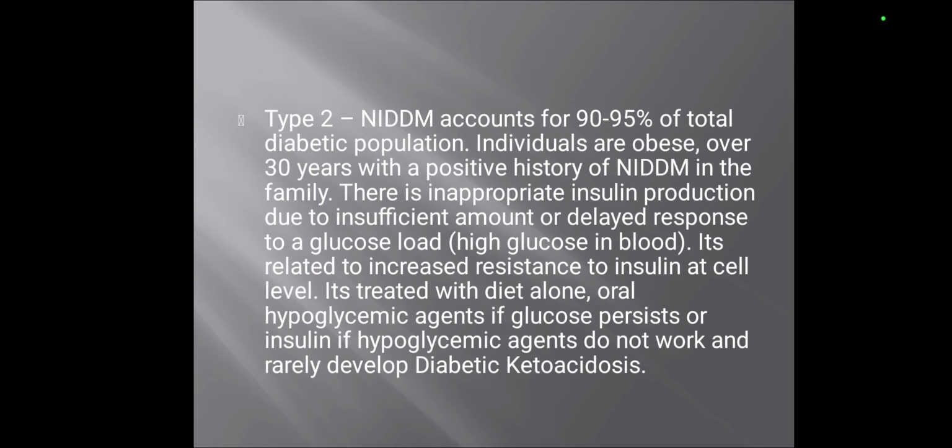Now the body again will cause more production of insulin. This is the reason why it is written as inappropriate insulin production, because it's related to increased resistance to insulin at a cell level.